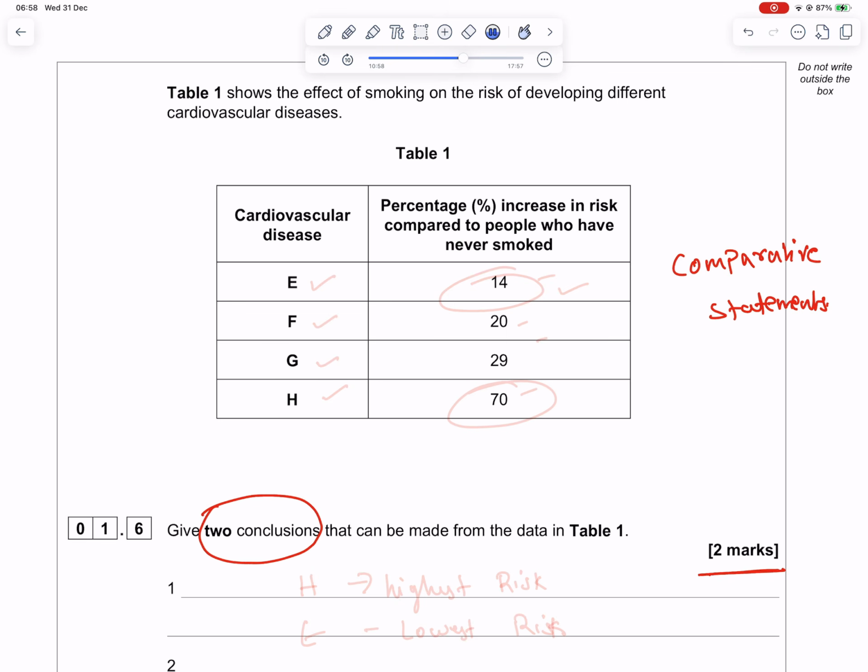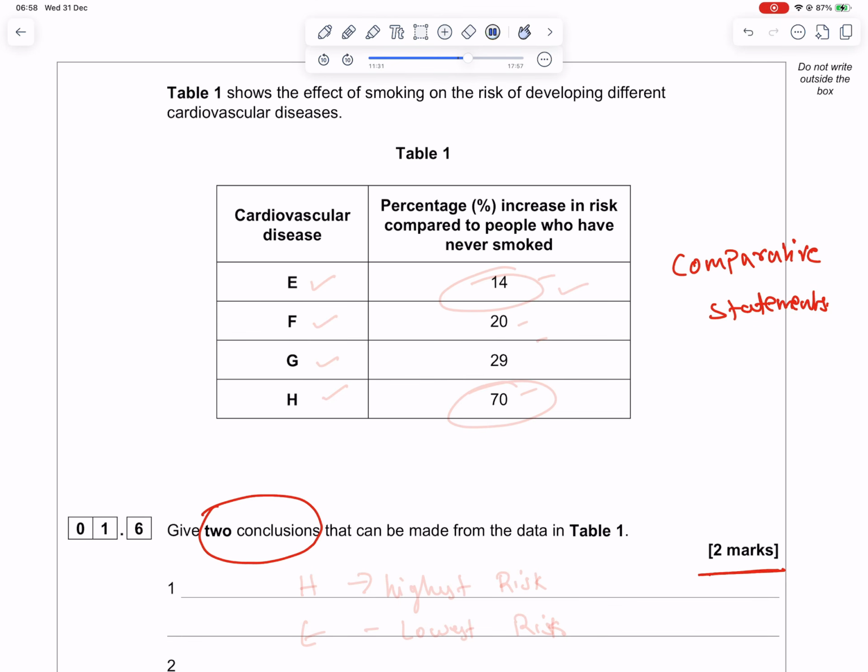Now, this cardiovascular disease, they haven't actually named. It says table 1 is showing the effect of smoking on the risk of developing different cardiovascular diseases. So I've just named the diseases as E, F, G, and H, and the corresponding percentage increase in risk compared to people who have never smoked. So basically, people who have never smoked and people who have smoked, how they have an increased risk of getting that cardiovascular disease.